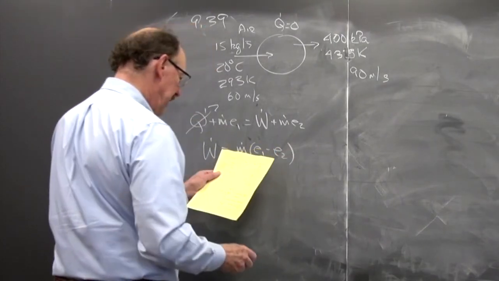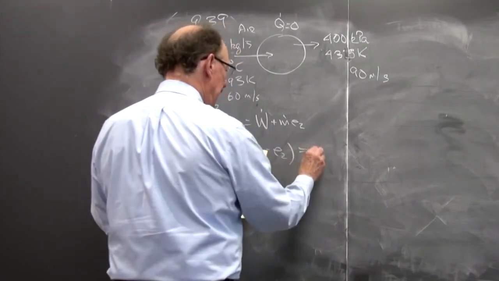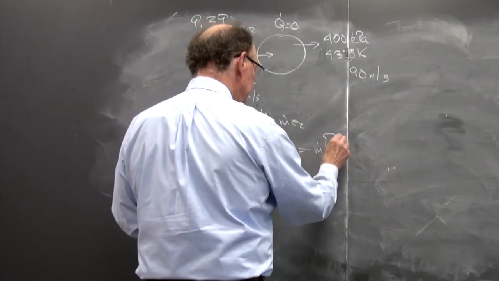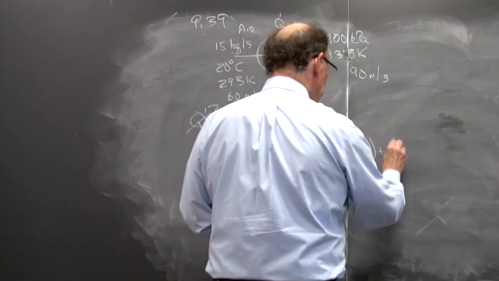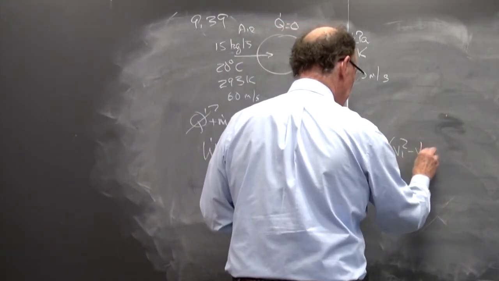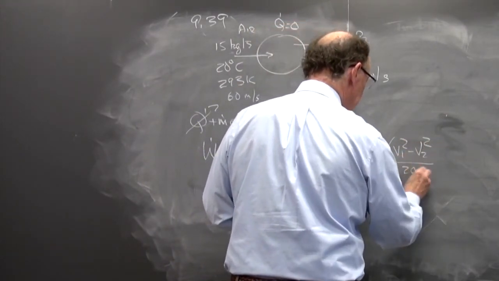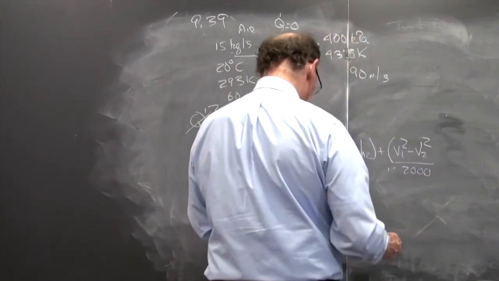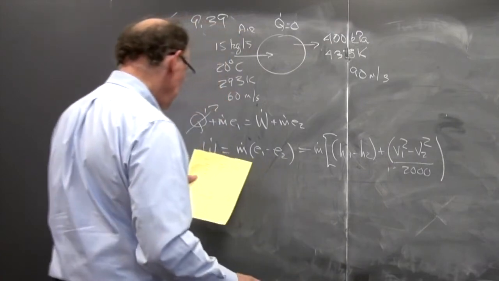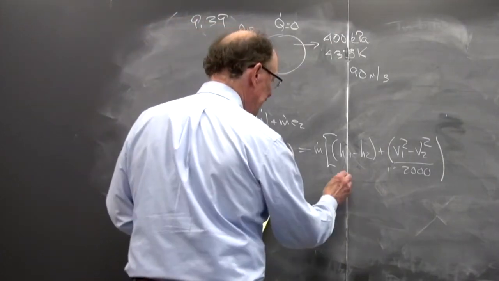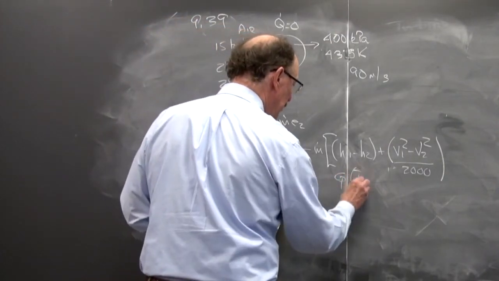Now we can put in these terms. It's equal to N dot times H1 minus H2 plus V1 squared minus V2 squared over 2,000. And so this is C sub P, T1 minus T2.